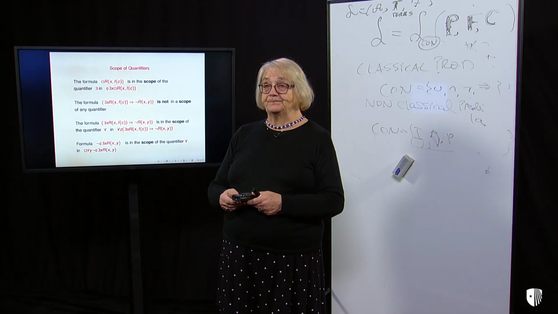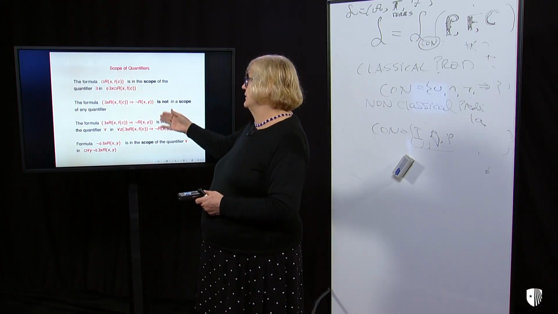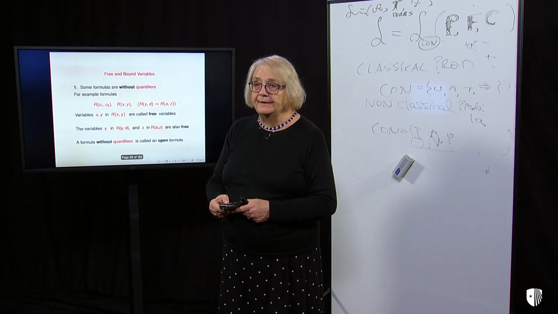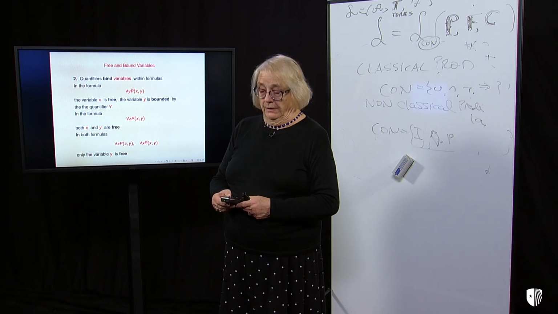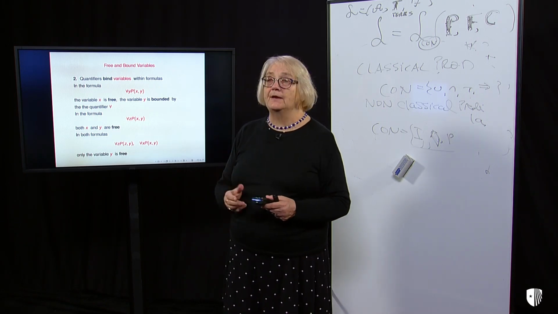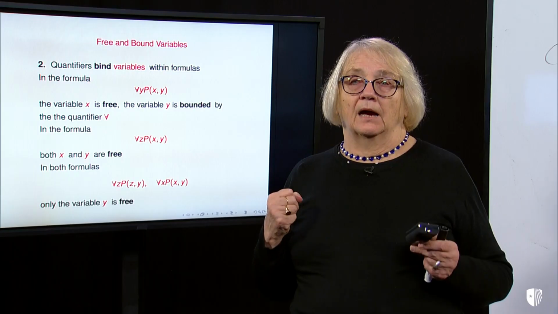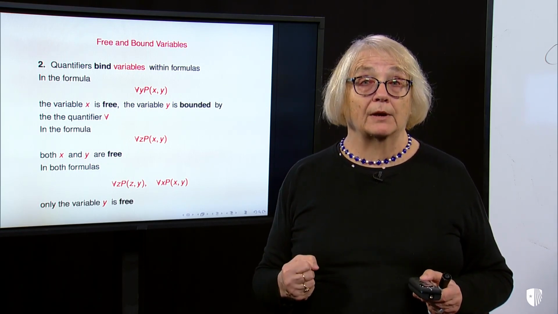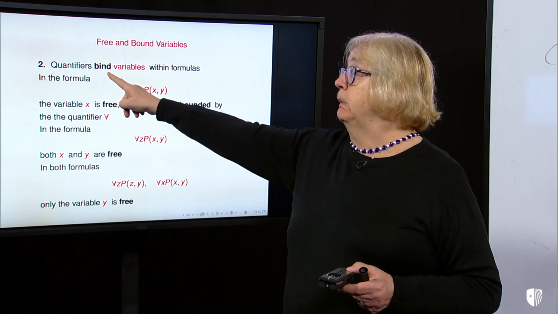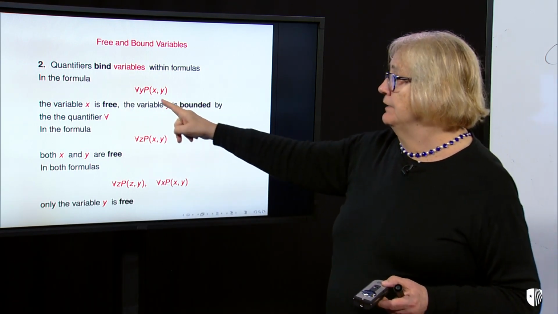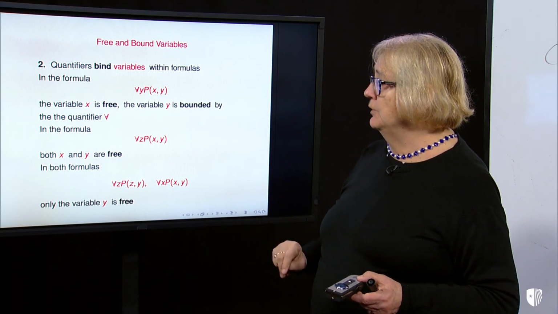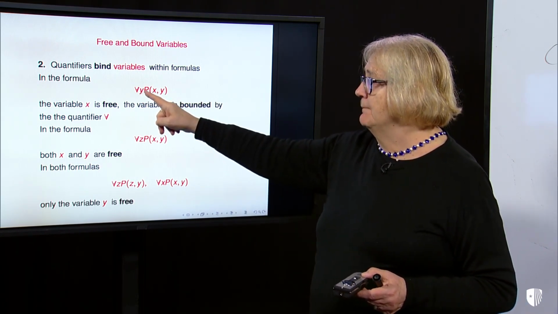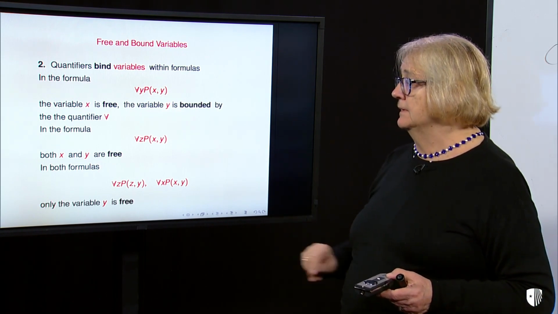Then I also explained formulas in the scope and so on. The next thing which is important, and I'm going to explain it, is that quantifiers bind variables in the formula. That is, again, an important notion. For example, if you have an atomic formula and you put a quantifier in front, that quantifier binds the variable y.